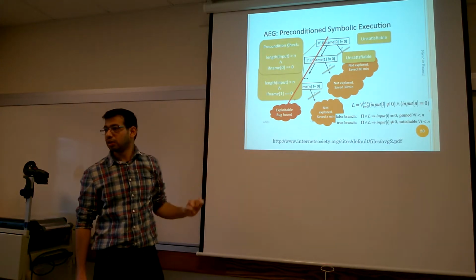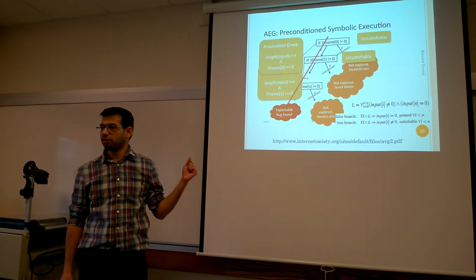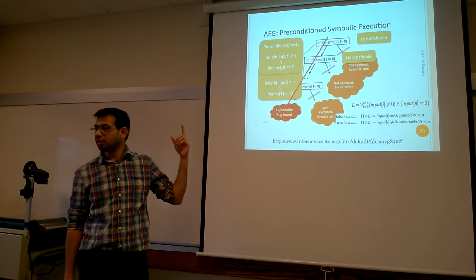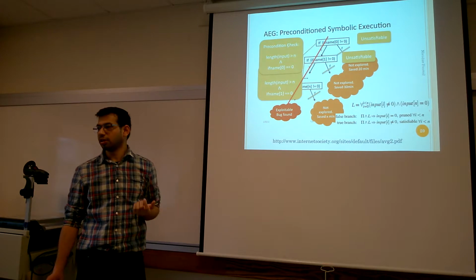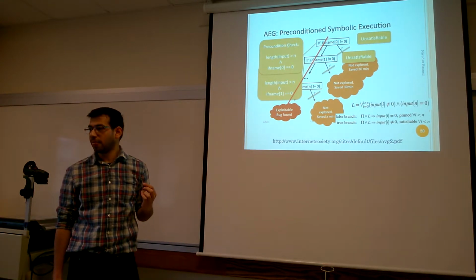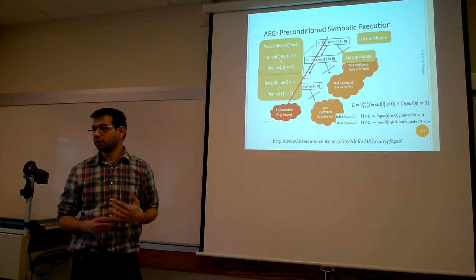So where does the length of input greater than n come from? From the user. Not quite. It's the length condition, the preconditioning. All they're doing is concatenating your preconditioning formula along with the constraints from the program itself.